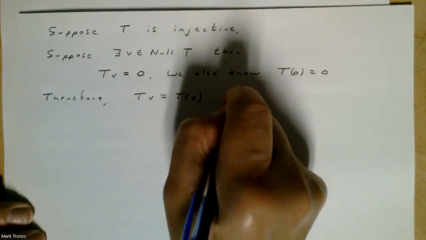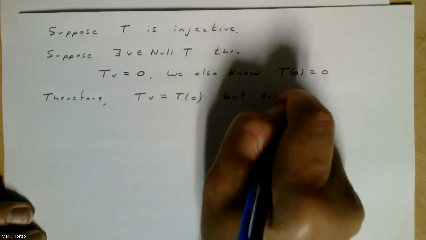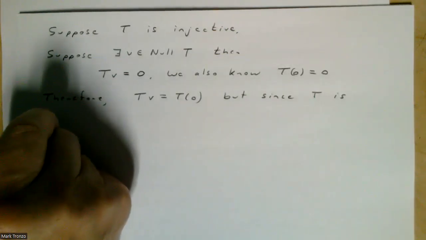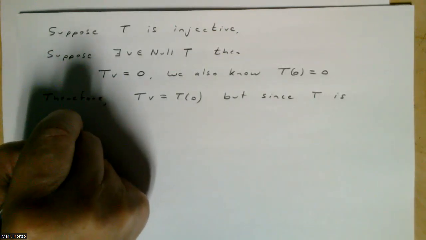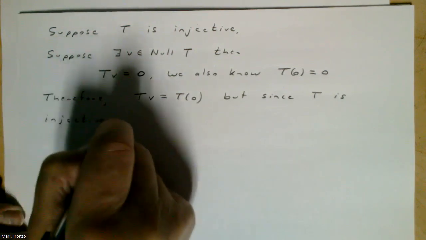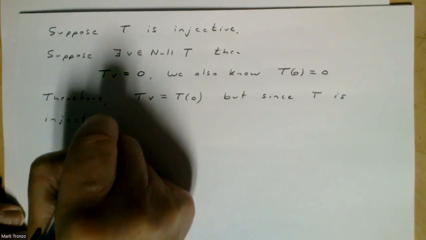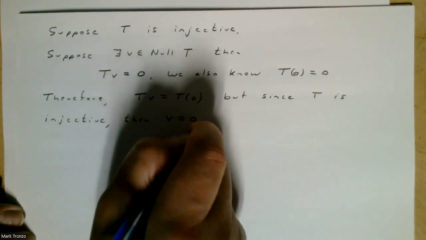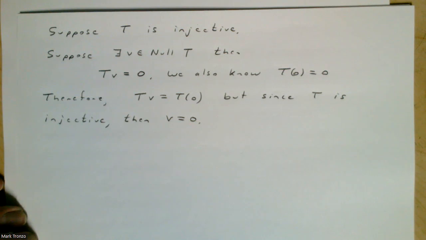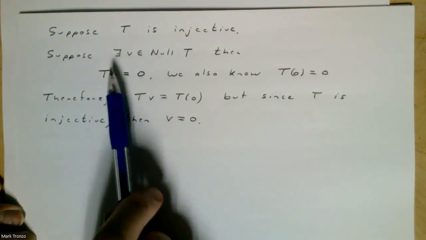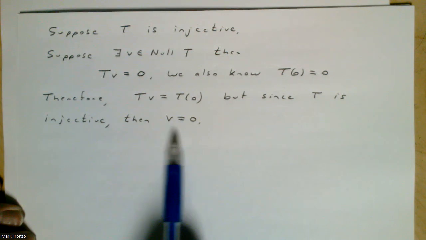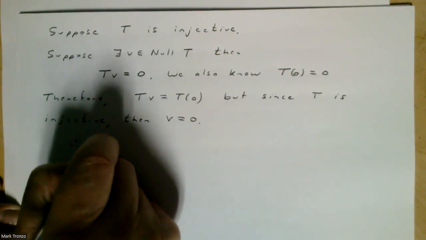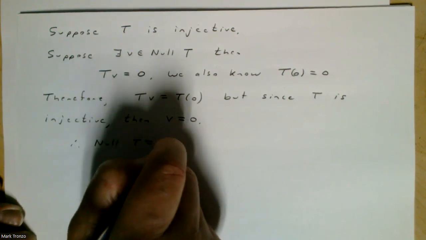But since T is injective, or one-to-one, then v is 0. So we assumed v was in the null space, and it turns out it has to be 0. Therefore, the null space of T is 0.